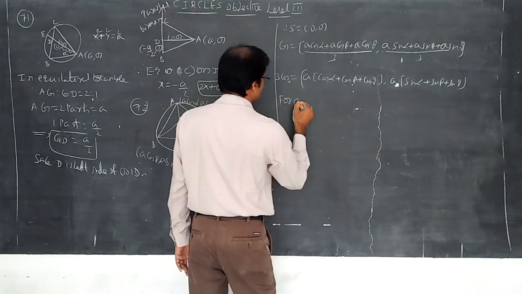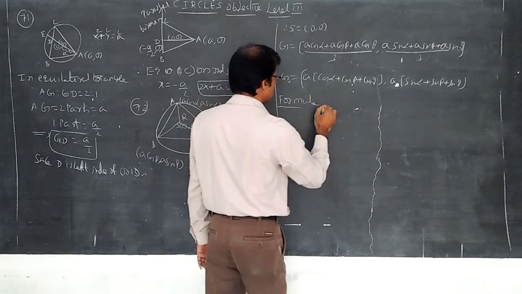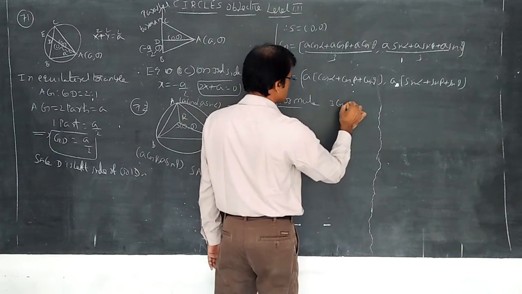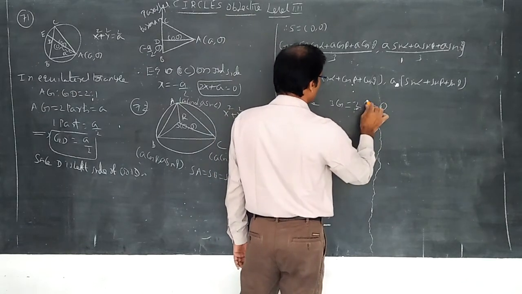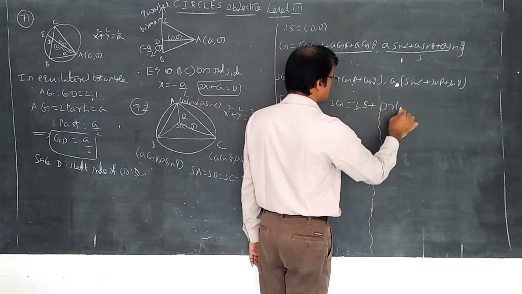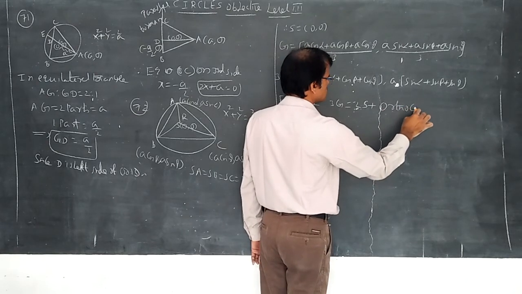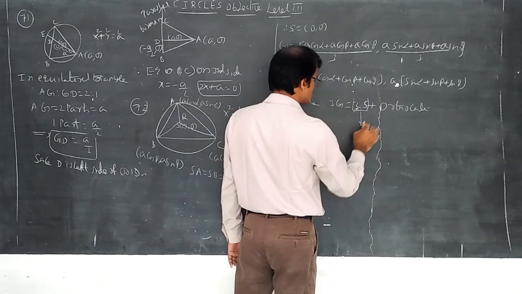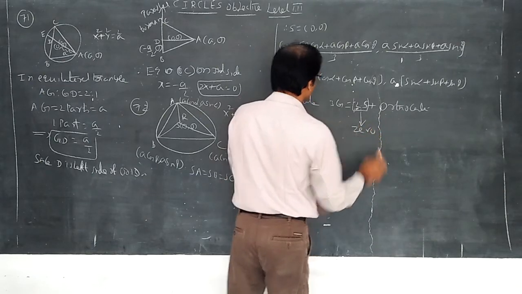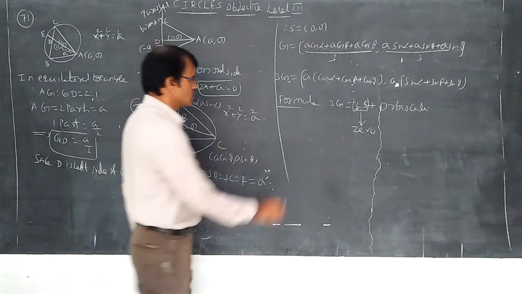The formula depends upon the straight line concept. I said that plenty of times there. 3G is equal to 2S plus O. O means orthocenter. Here S is the circumcenter, and it became 0 because 0 is the circumcenter.